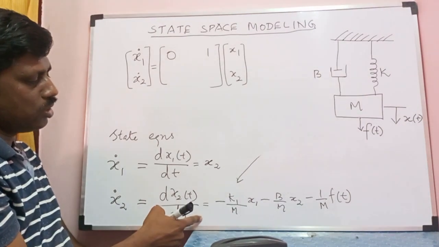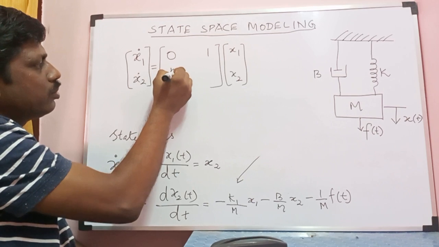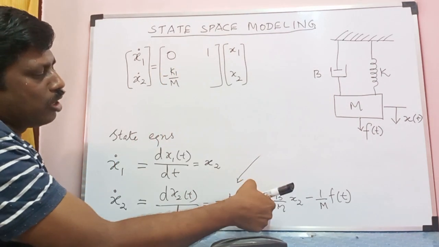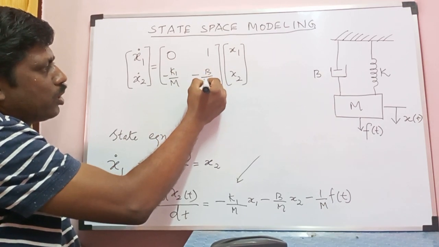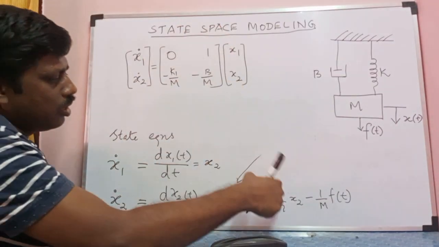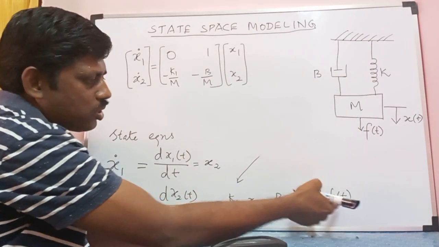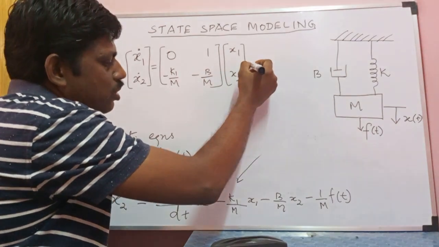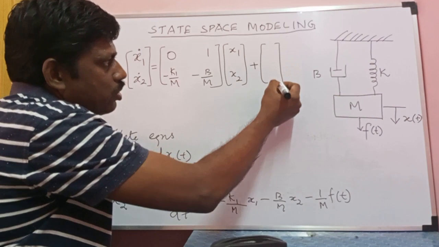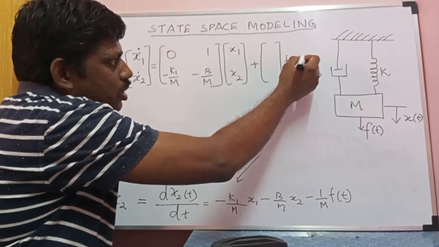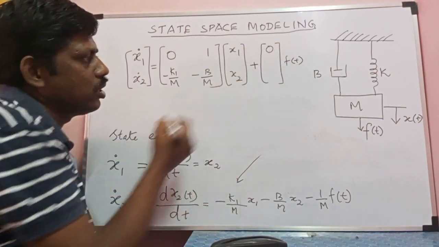And what about this equation? The coefficient of x1 is minus k1 by m, and of x2 is minus b by m. This does not have any other term, but it has a term associated with the input. Since there is only one input, I will put it as f of t. The first equation doesn't have any f of t, so it is 0.